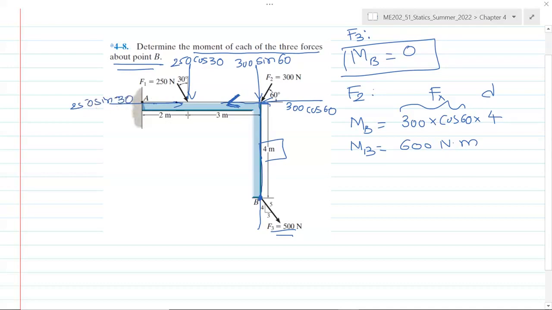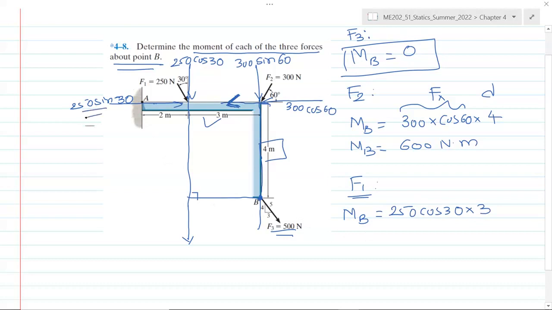Now the moment of this force about B is force and perpendicular distance from B. This perpendicular distance is 3 meters, and this force about B results in a counterclockwise moment. So for F1, the moment about B is 250 cosine 30, that's only the force, multiplied by 3.